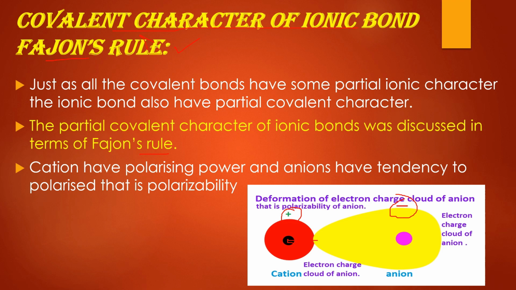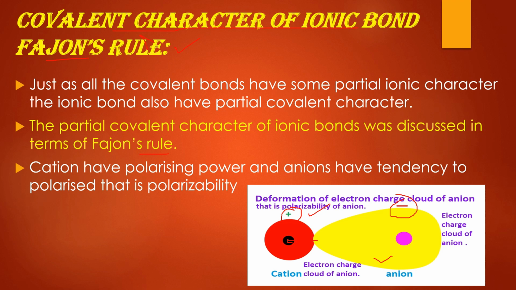In a similar way, the anion's negative charge also decreases. So we see that the positive charge of the cation and the negative charge of the anion both decrease. That means ionic character decreases. That means there is an introduction of covalent character in the ionic bond. So you can say that the cation has the ability to polarize the anion.